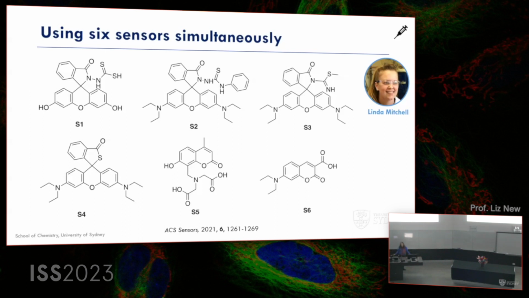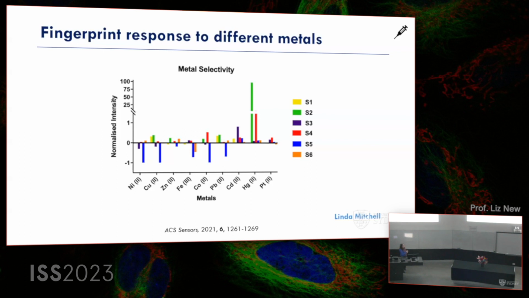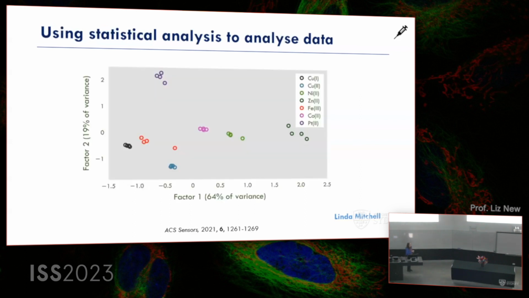We're not measuring smells, we're measuring metals or metal complexes. And so that gives us a really complicated pattern where we have every sensor against every metal, and we can't look at this pattern and understand what's going on, but fortunately we can use computational power to look at these complicated patterns and work out what's going on.